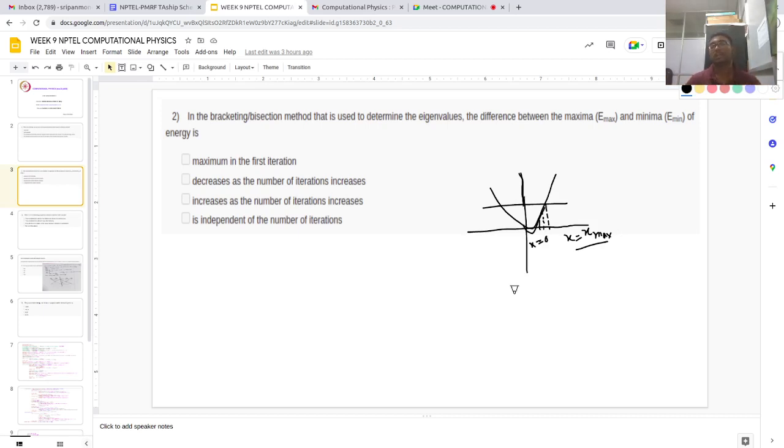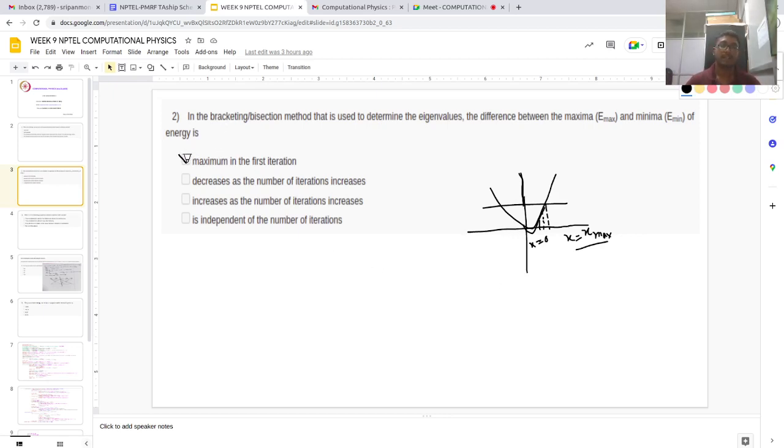Okay, so this is basically also used for root estimation for algebraic equations. It is usually the same algorithm, and here we use the same thing for calculating the eigenvalues. Yes, sir.